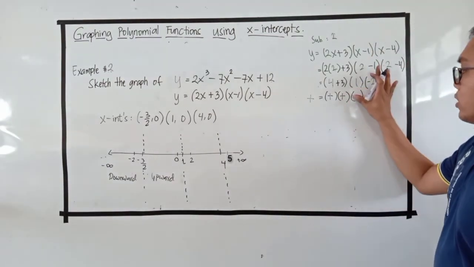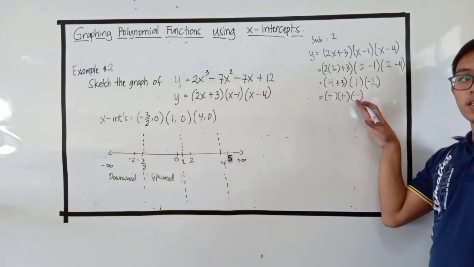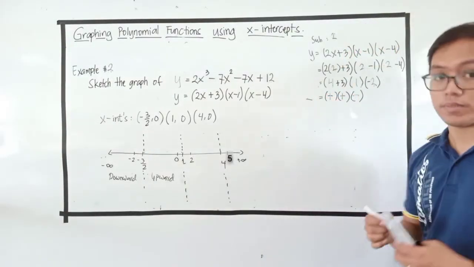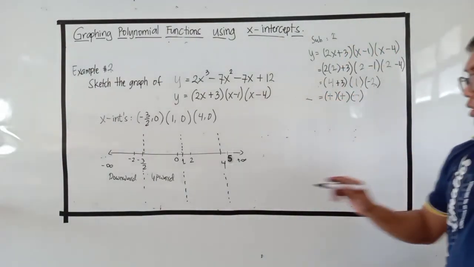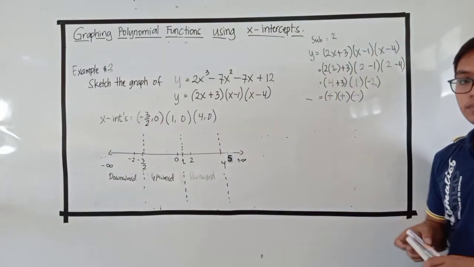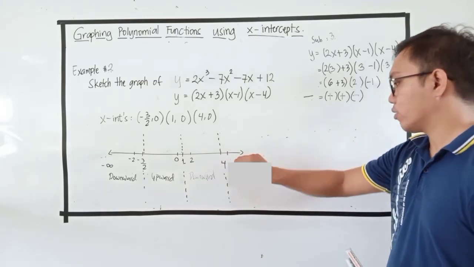And negative 2 here is negative. Multiplying these three signs, we will have a negative sign. Therefore, this is downward.